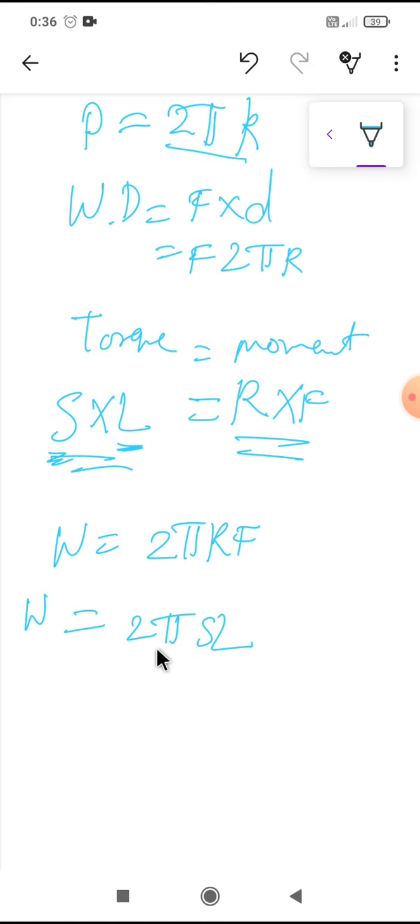And so the brake power BP can be given as 2 pi NT.